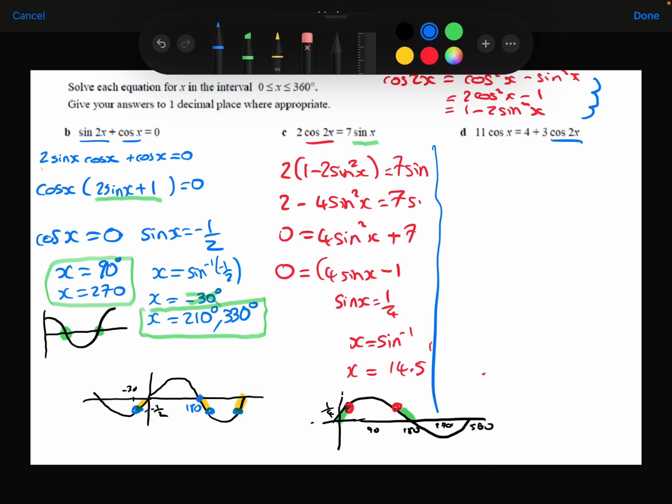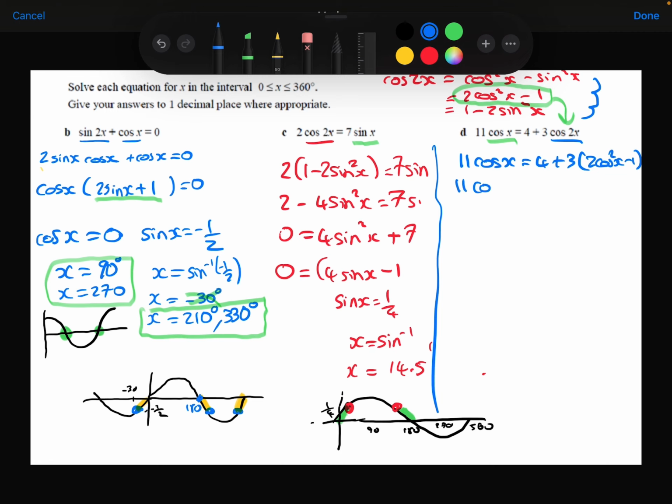Now, considering in this question, I've got a cos x over here. So this time, I think I'm probably going to use this identity because that's also only in terms of cos. So let's do that. So I'm going to replace that cos x with 2 cos squared x minus 1.